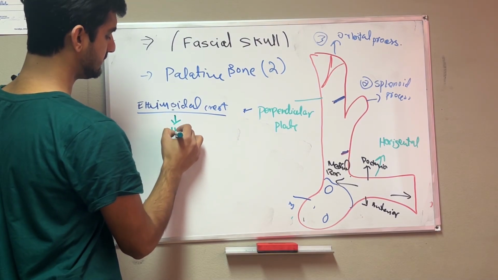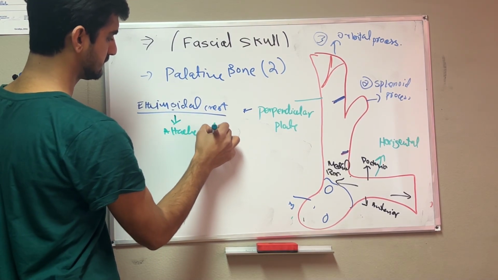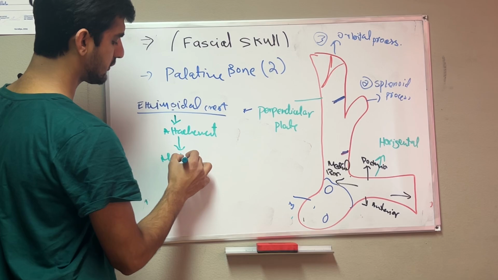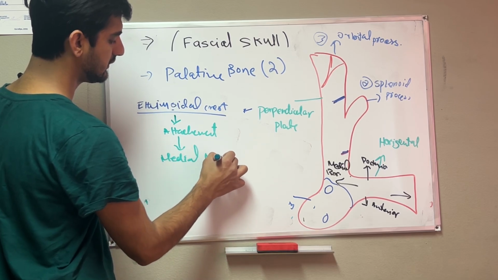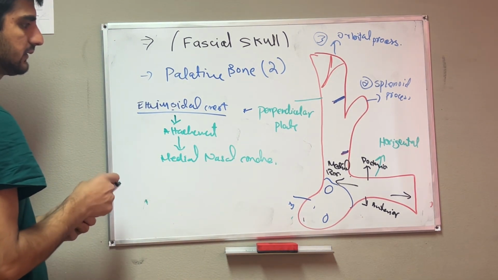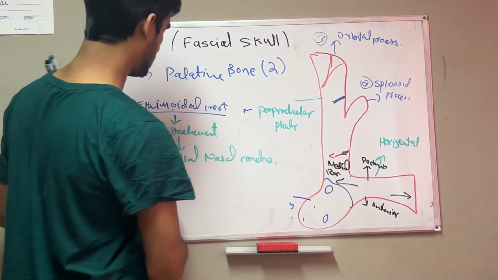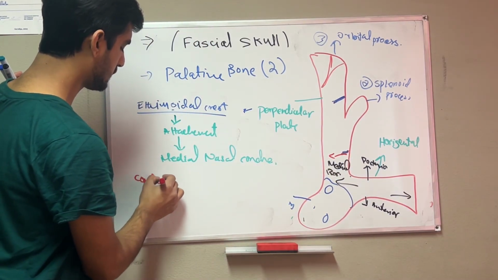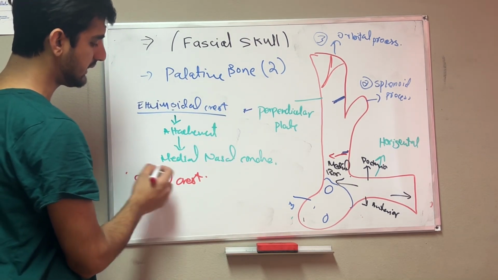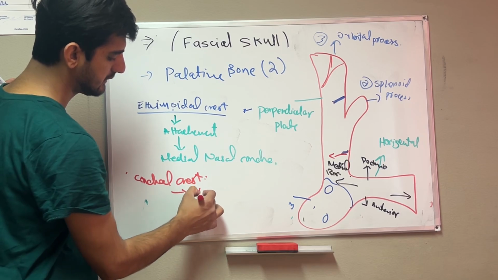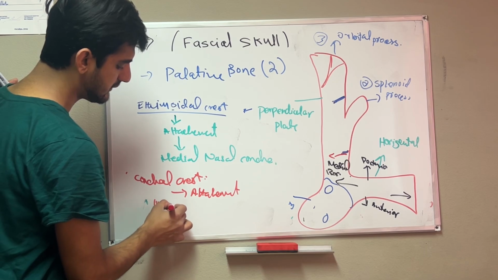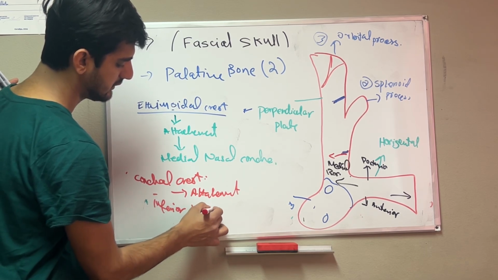Then the second crest, the conchal crest, which is located lower, attaches with the inferior nasal concha.